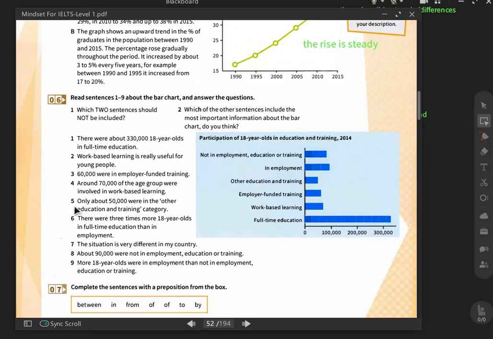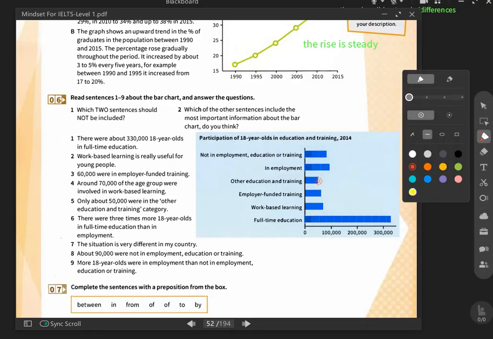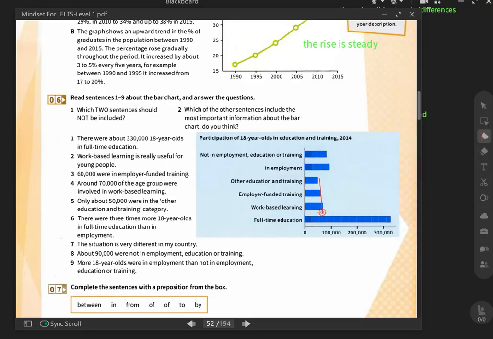Yes. And the next one, five: only about 50,000 were in the other education and training category. No big difference. We discuss what is visible, what we can see, the important trend. I can see similar numbers and figures.